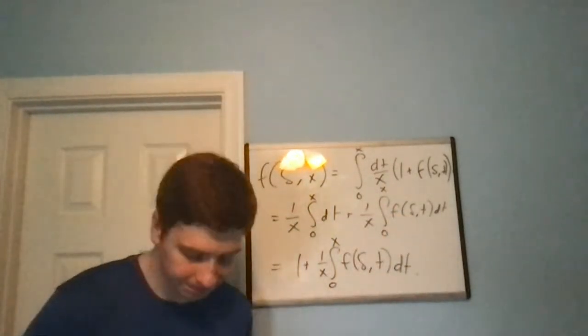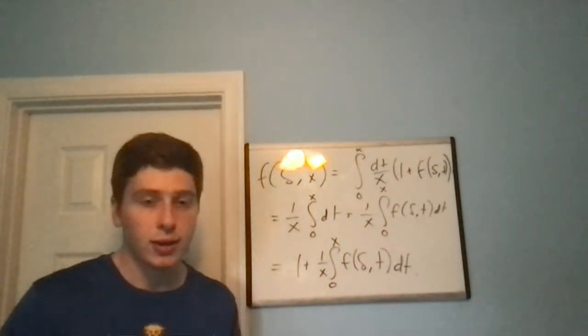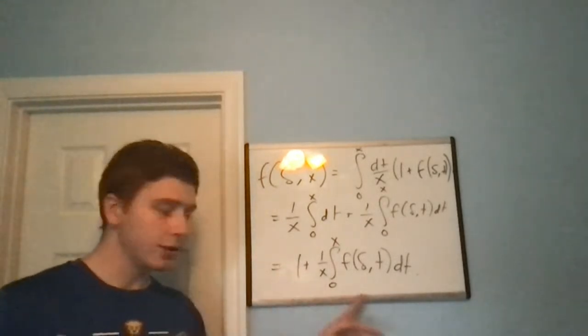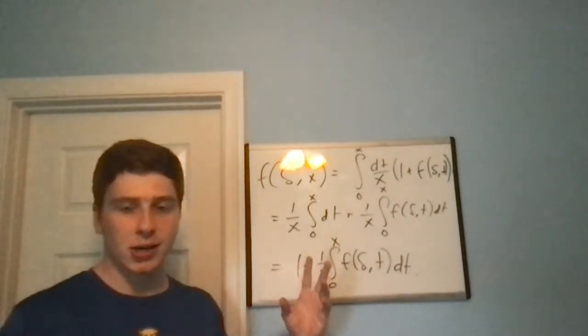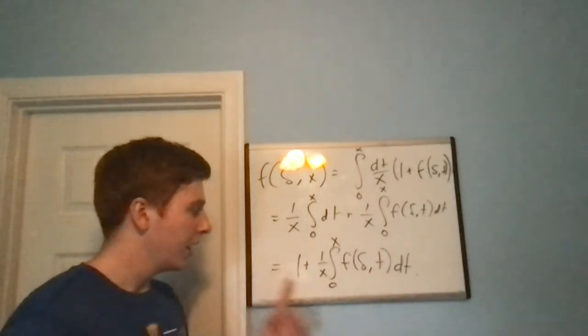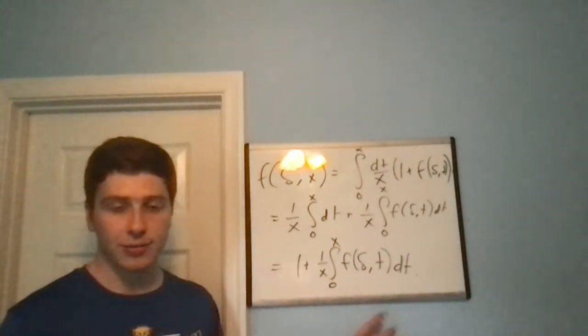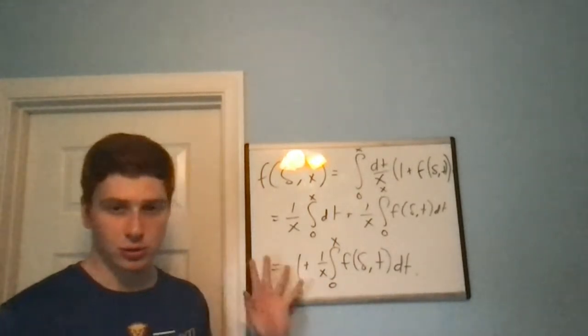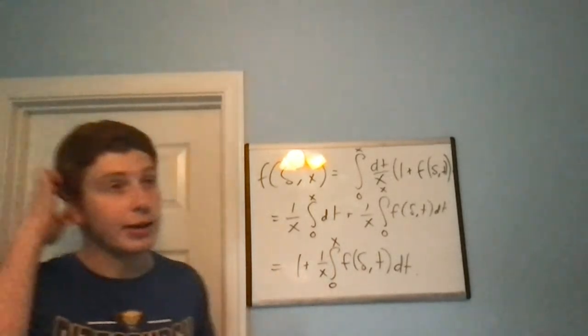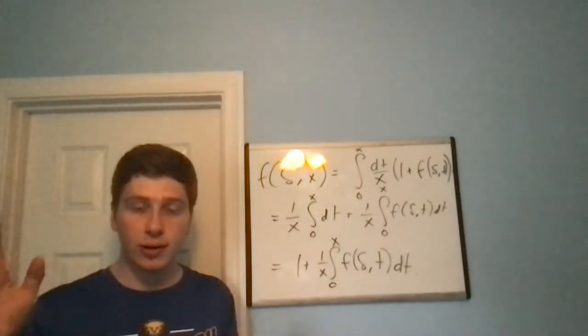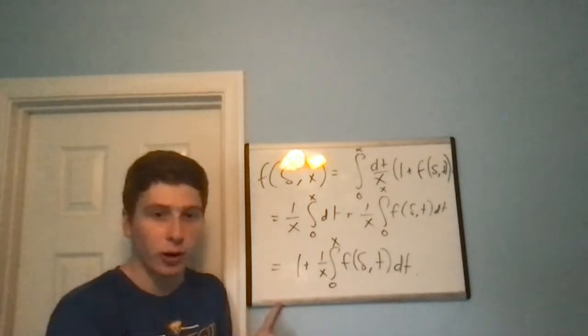At the end here, you see 1 plus this stuff. You can get this directly if you just think about it: I pick the first one, x1, that's my 1.